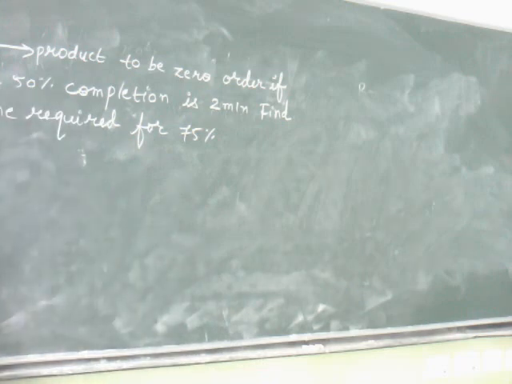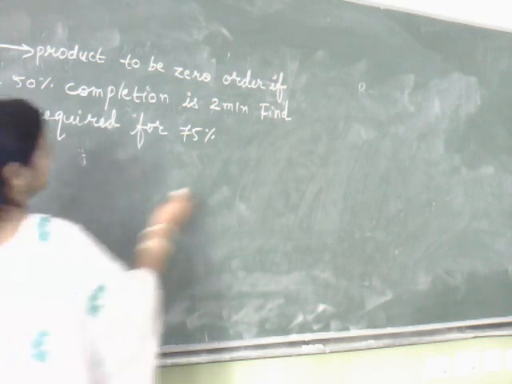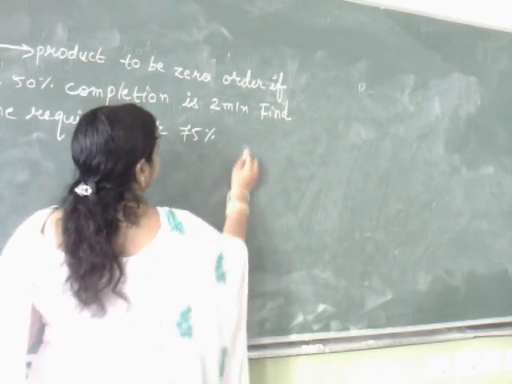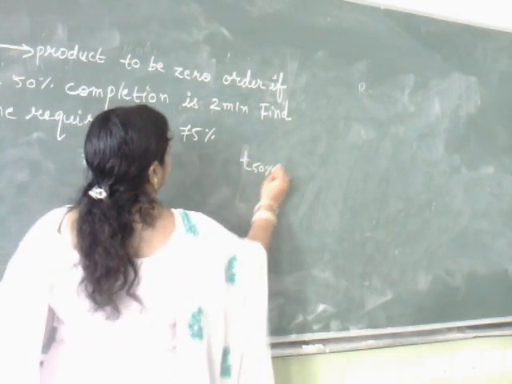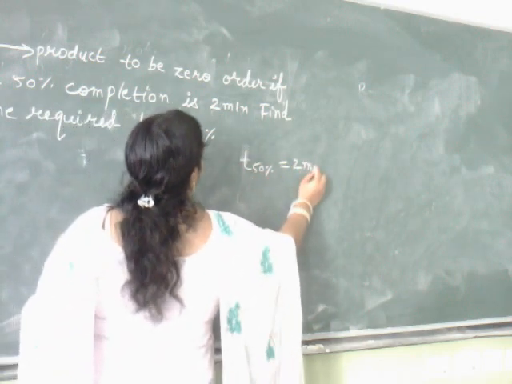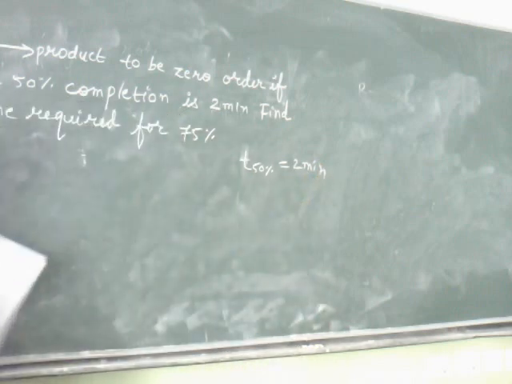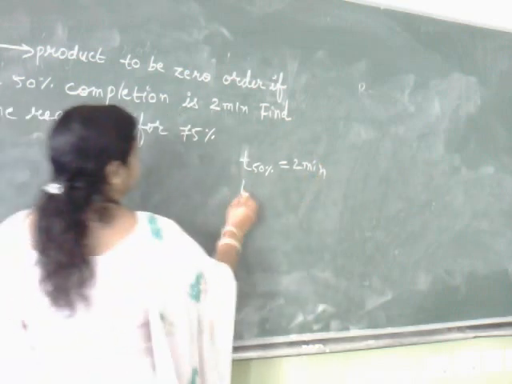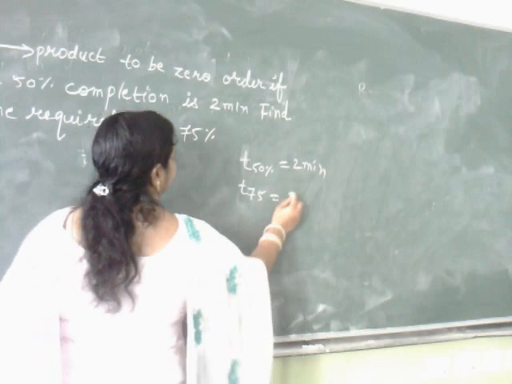So T50% is given as 2 minutes. Find the time required for 75%, T75 we have to find out.